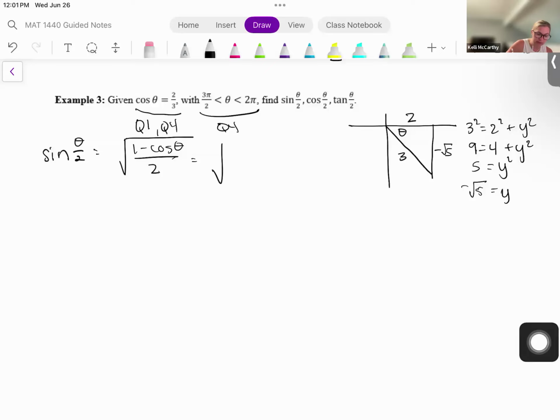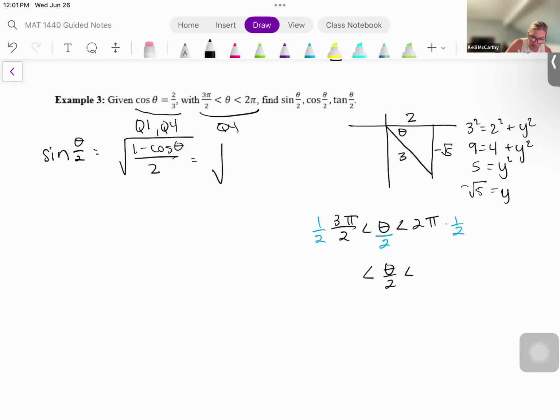information that theta is between 3 pi over 2 and 2 pi. So 3 pi over 2 is less than theta is less than 2 pi. If I were to divide theta by 2, I would just do the same thing to the other two sides. So multiplying by 1/2. And that will give me the range of values for theta over 2.